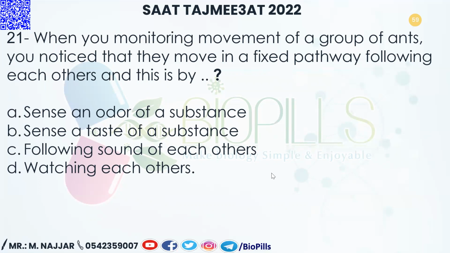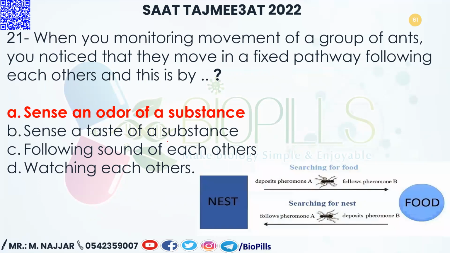So the correct answer here is sensing the odor of a substance, and the exact same explanation. Here is the nest. All of them follow the same pathway because a pheromone was deposited here. So they sense the odor of the pheromone and follow the pathway.